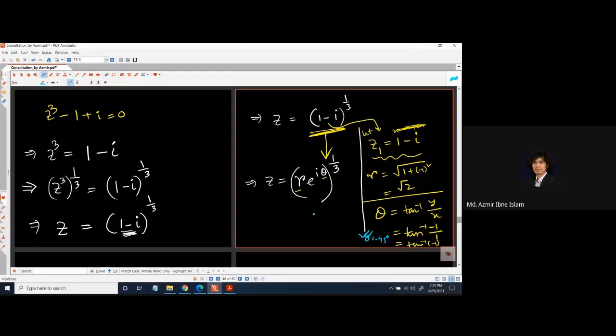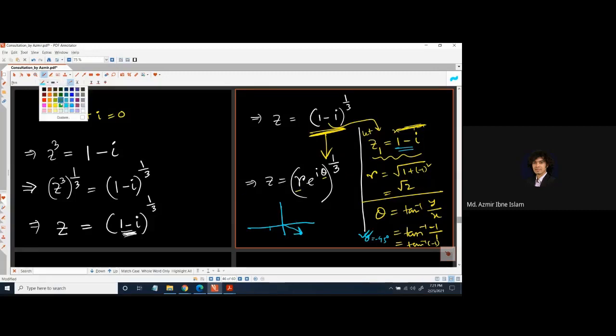Besides this one, you have to check the location of the point. In which quadrant we have this one? The fourth quadrant. It is in fourth quadrant. Yeah, you are correct. So here we can draw a line.